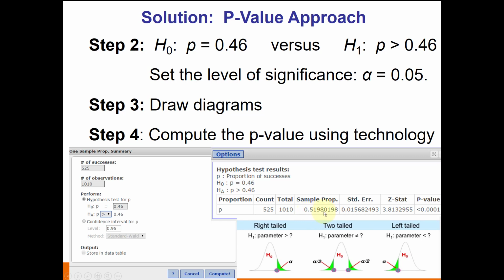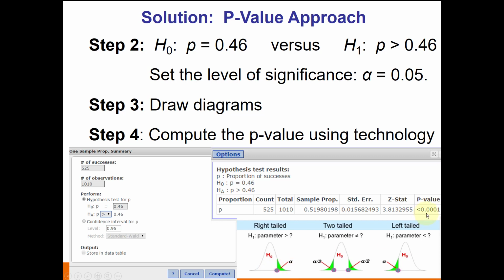This is a right-tailed test, and the center of our distribution was based on the null hypothesis, so it's at 0.46. So we want to know, is this value 0.5198 from the sample close to what we thought would be true at 46%, or is it too far to the right?